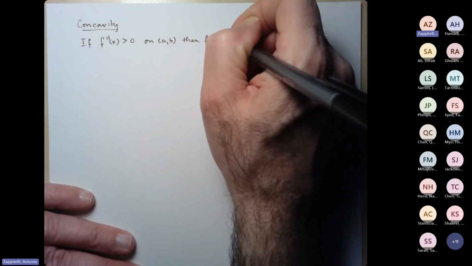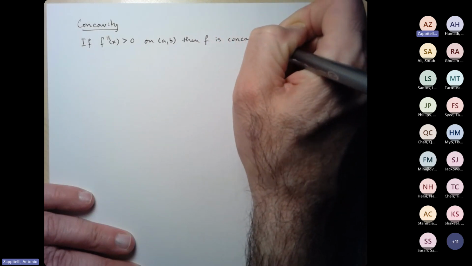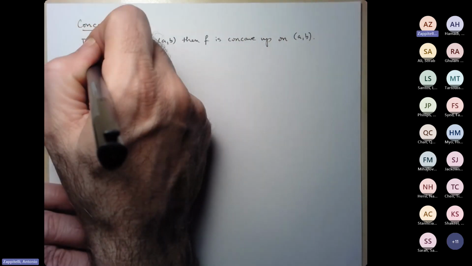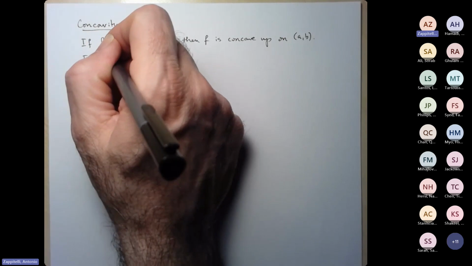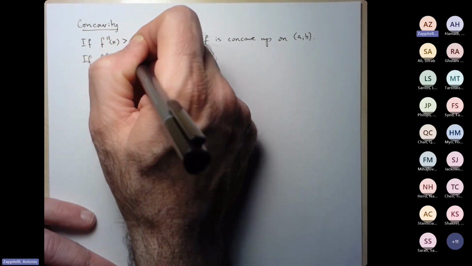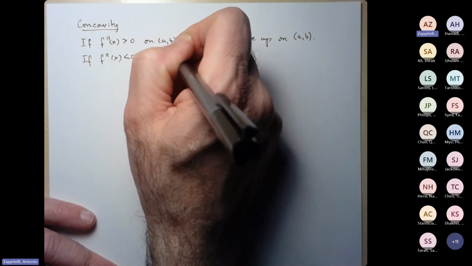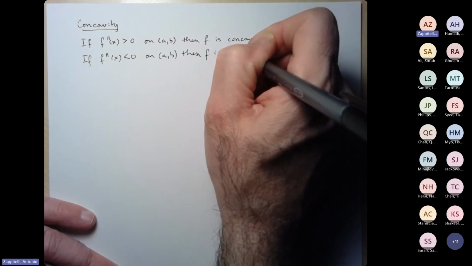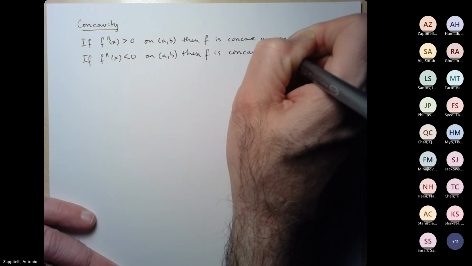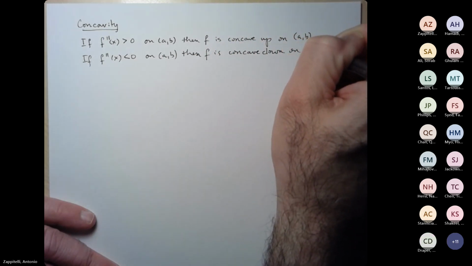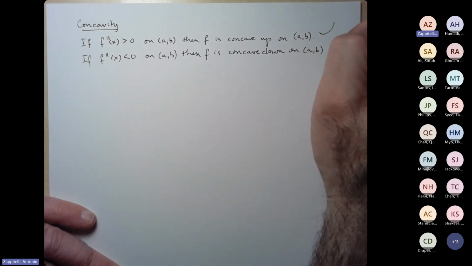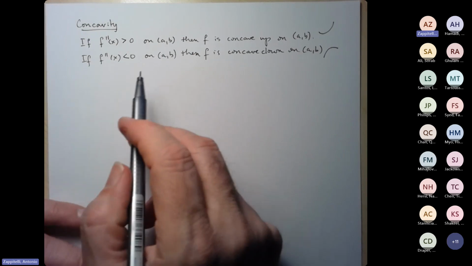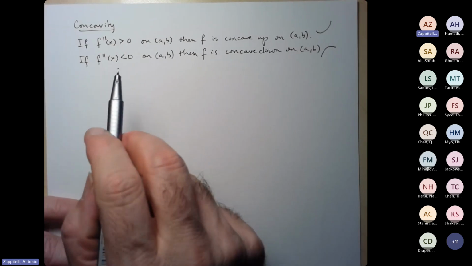Then f is concave up on that interval. Okay. If the second derivative is negative on some interval AB, then we saw that the function f is concave down there. Okay, so concave up, concave down. Now this is information that you can get about the function.